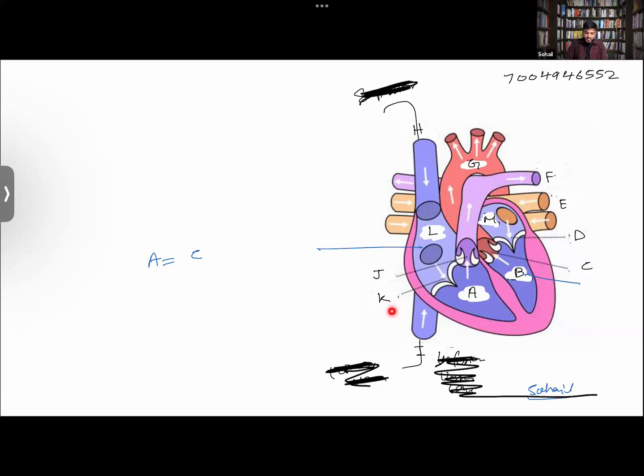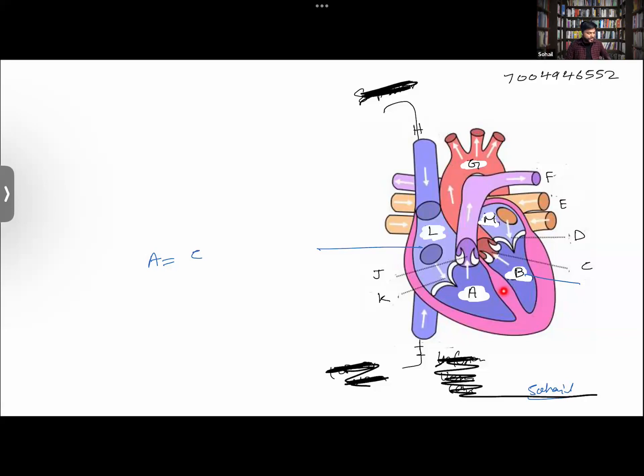Okay, no issues. Sundus, tell me where is the aorta? G. That is the aorta. Very good. Also tell me, the chambers are separated by a tissue here.